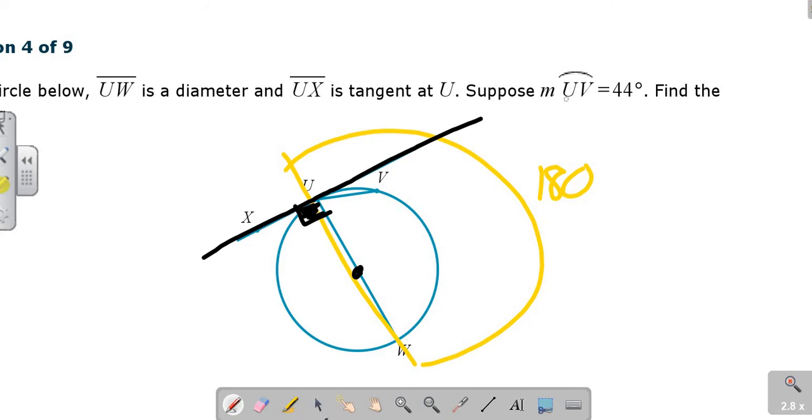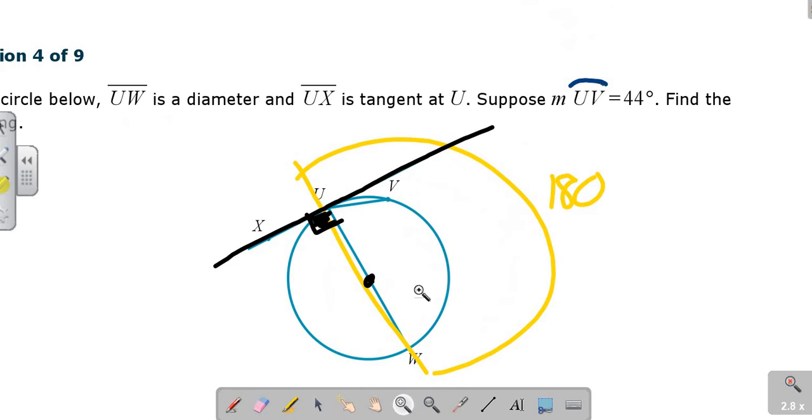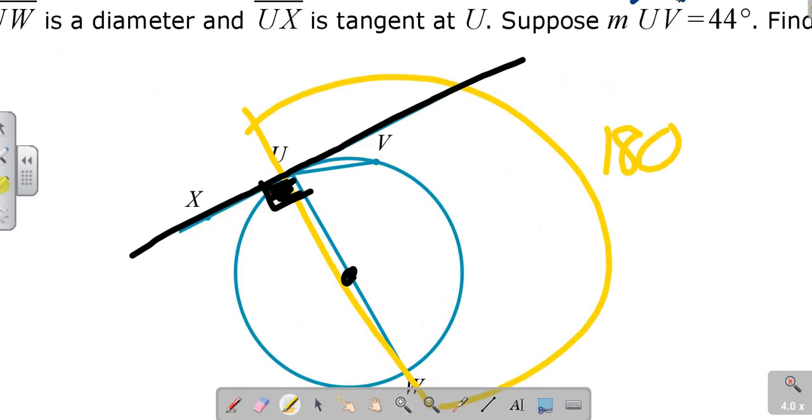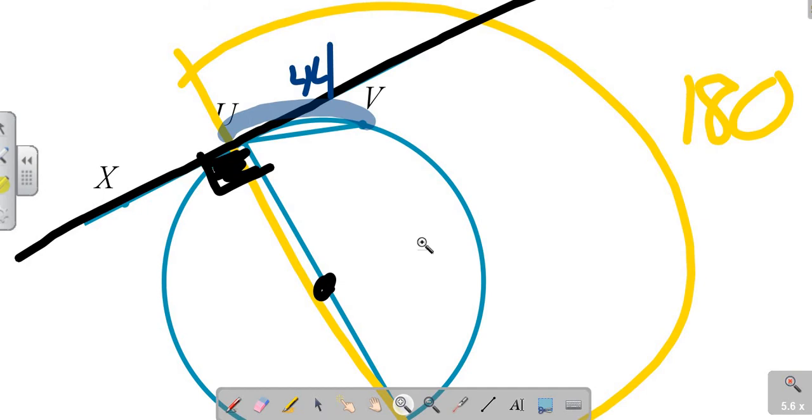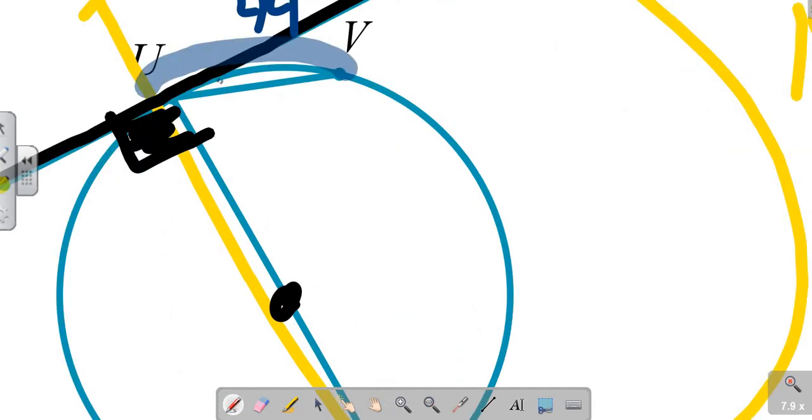We're told that UV, the arc, is 44. So that's this arc right here, UV, is 44. That means this angle right here with the tangent is going to be 22.